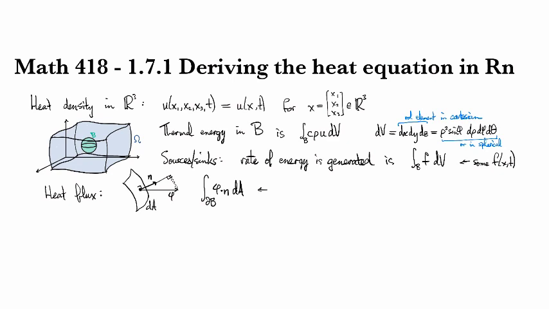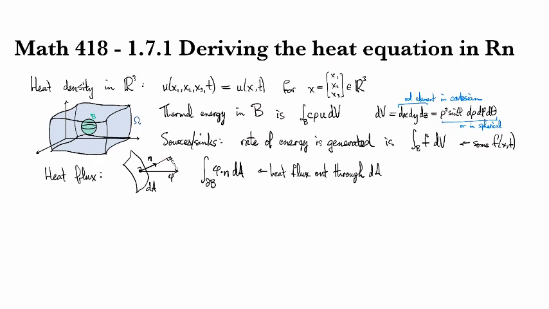And this is going to be the heat flux coming out through this little patch of area. And so just to emphasize, n is the unit outward-oriented normal vector, meaning orthogonal to the tangent plane of the surface.